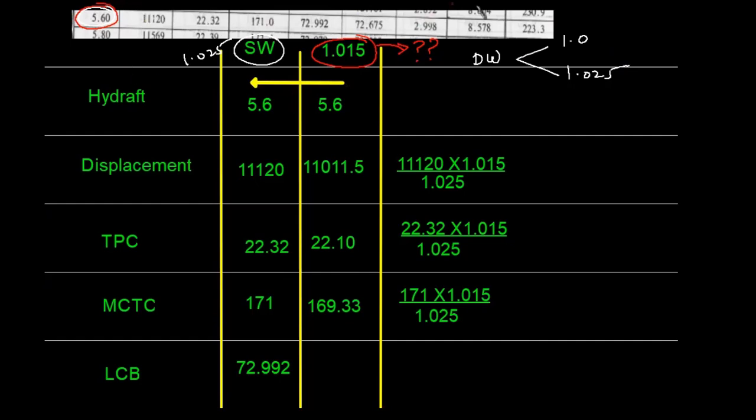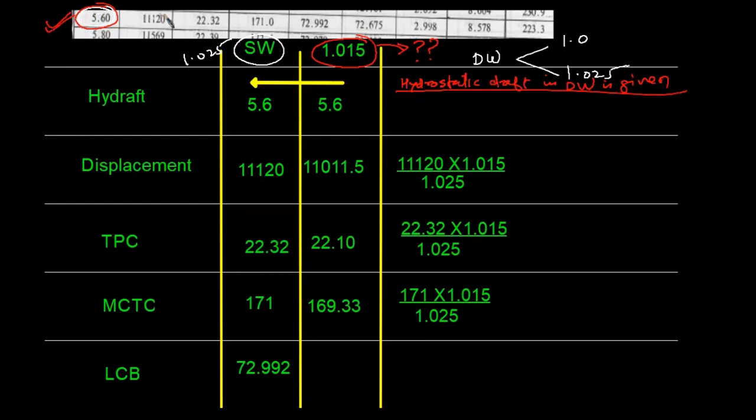The hydrostatic draft in dock water is given, and suppose this was given as 5.6.